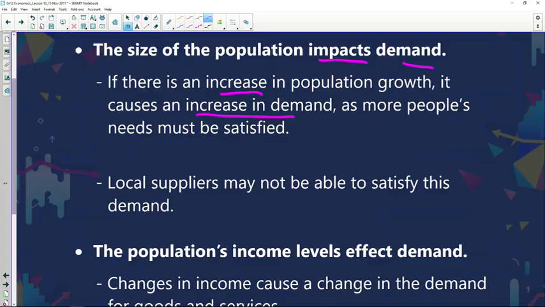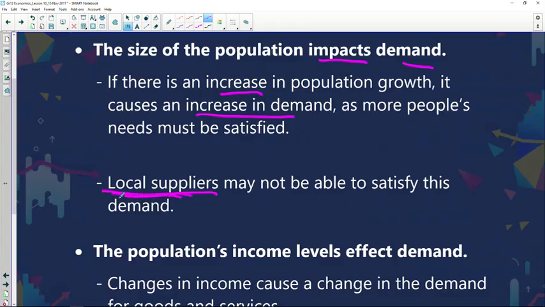So local suppliers may not be able to satisfy this demand. I did mention earlier that when the numbers have increased in a country, local suppliers may find themselves under pressure and not able to supply the goods and services that are needed by the people. As a result, we then need to involve other countries in order to get goods and services into the country so that we can satisfy the needs of our people.